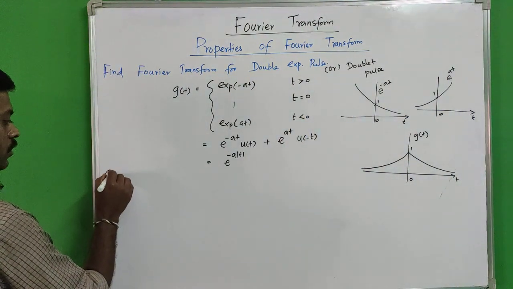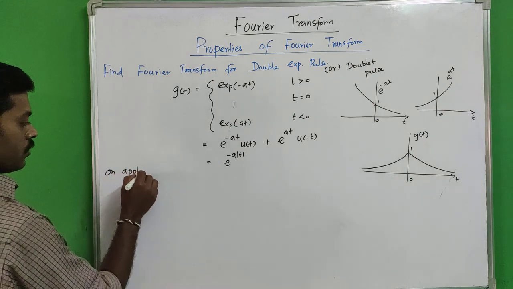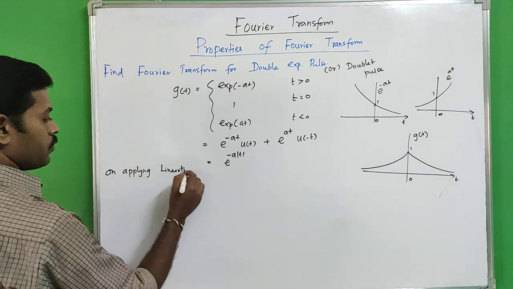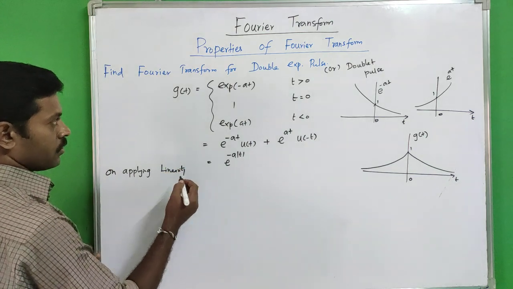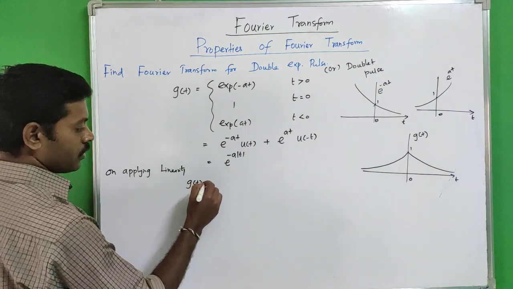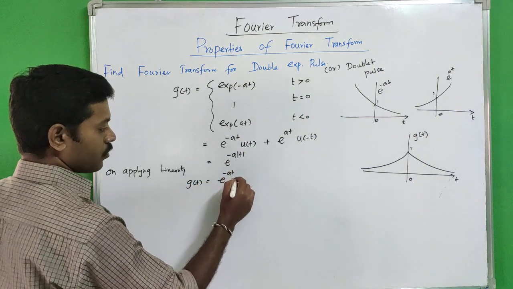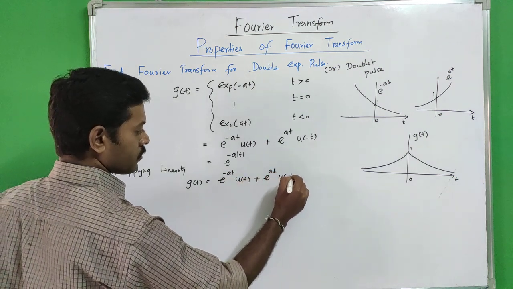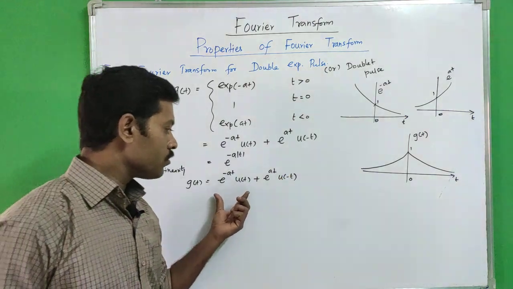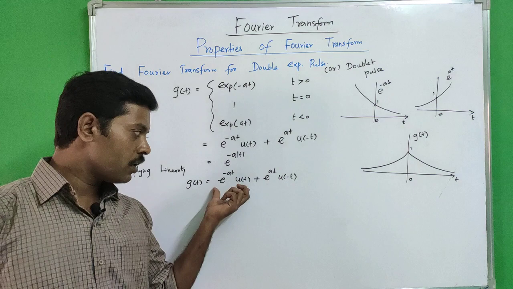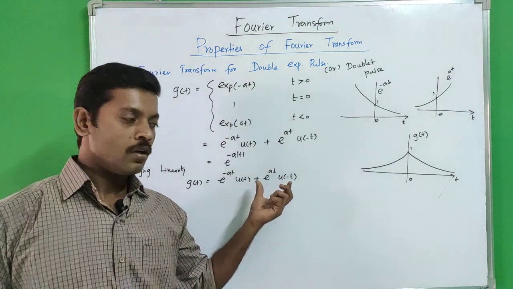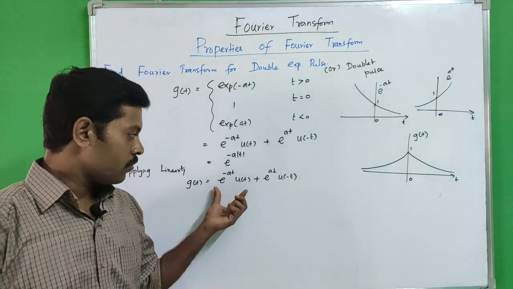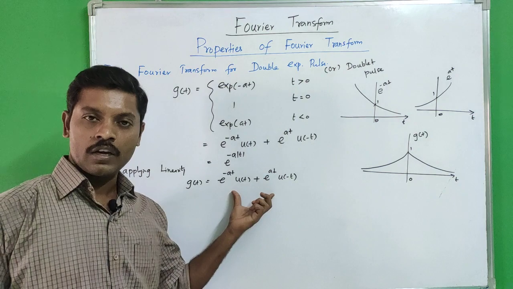So on applying the linearity property, I am writing again g of t equals exponential of minus at u of t plus exponential of at u of minus t. We have already derived the Fourier transform for the exponential decaying and exponential rising pulses. In our previous class we found the Fourier transform for both exponential pulses.